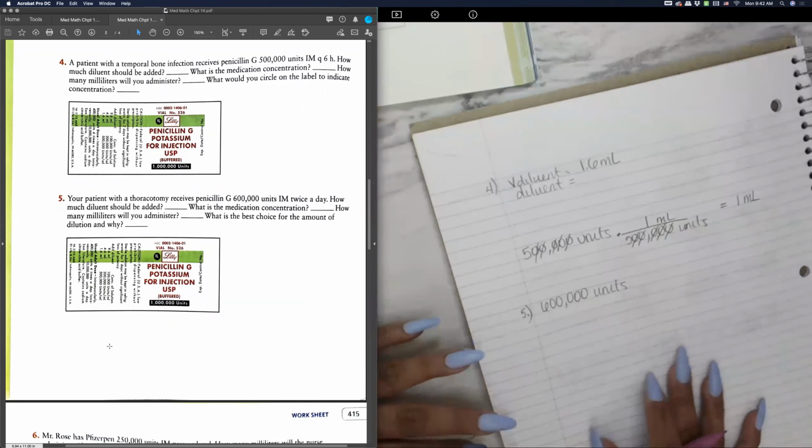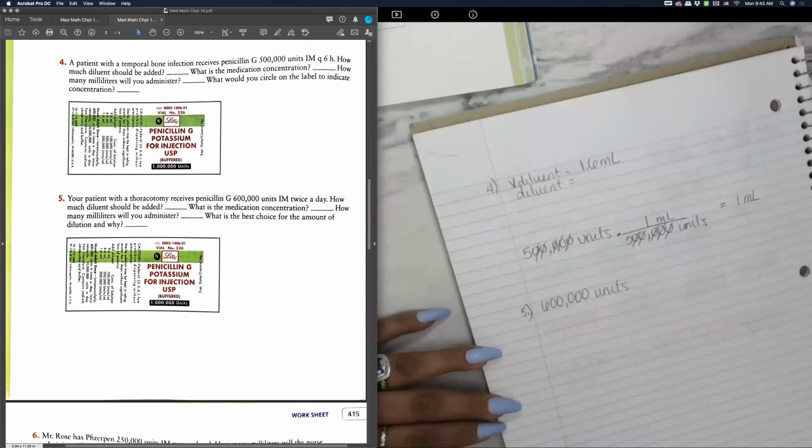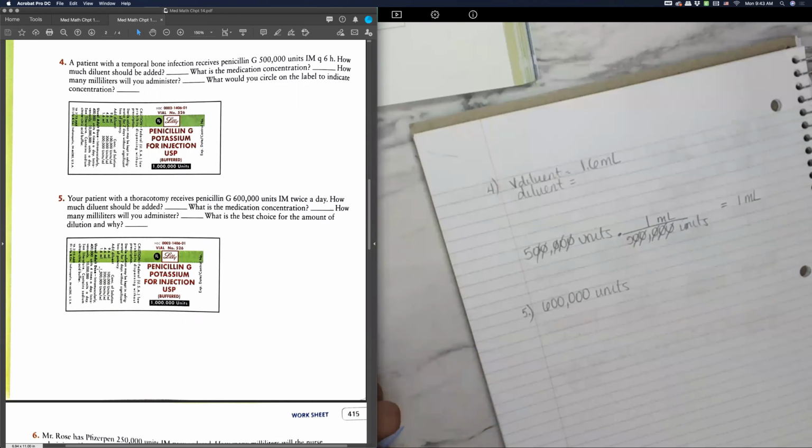Okay, so if I picked the 4.6 milliliters of diluent, that would give me a dosage strength of 200,000 units per milliliter. Or if I pick the 1.6 milliliters of diluent added, that would give me a resultant 500,000 units dosage strength.